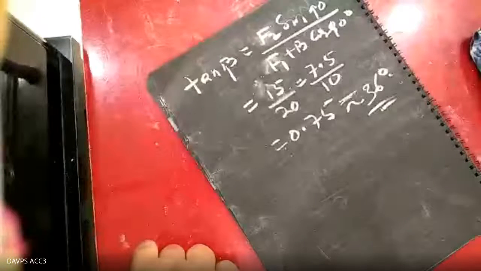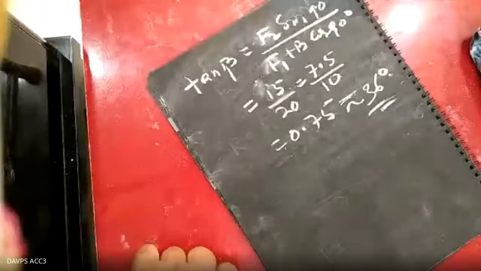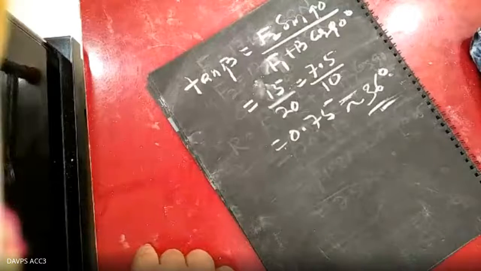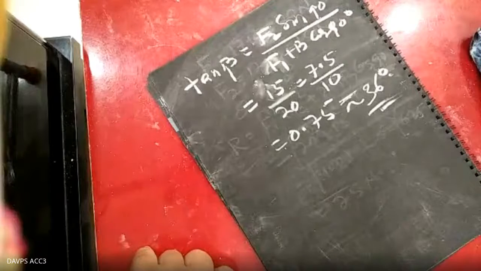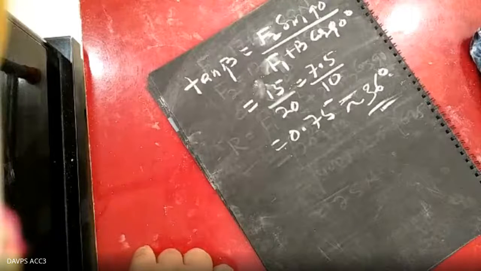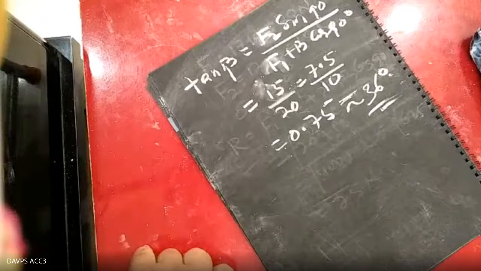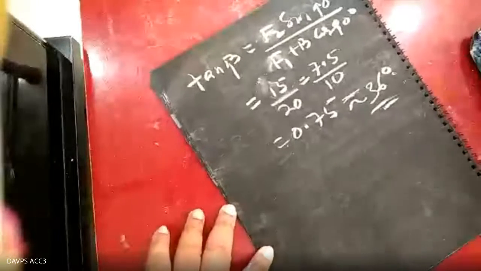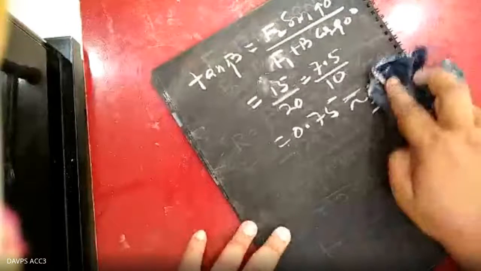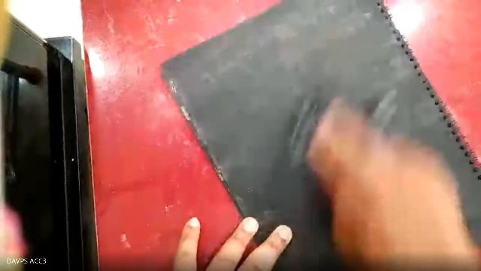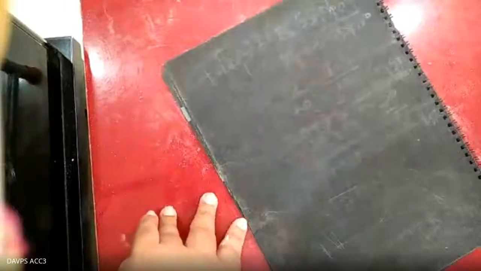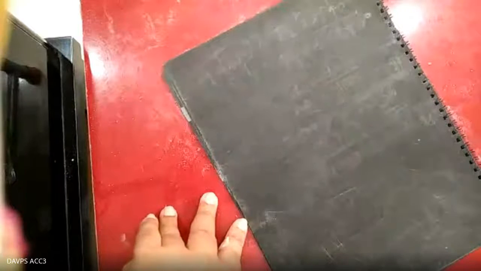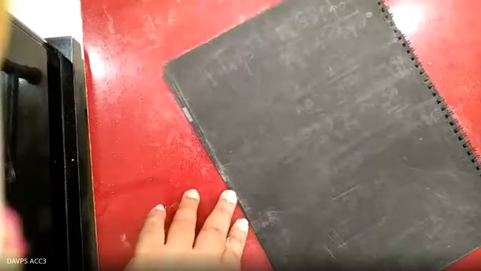Another thing is, the question I'll have to write: a boatman can row with a speed of 10 km per hour in still water.